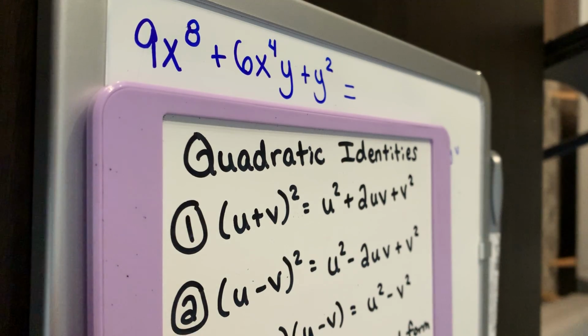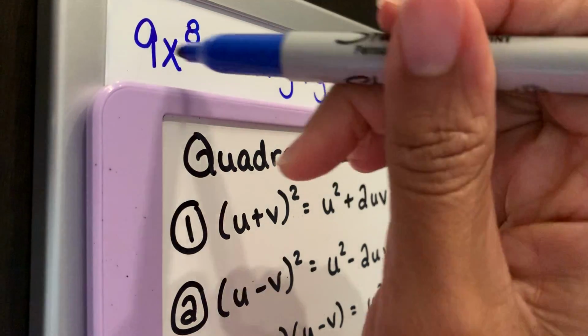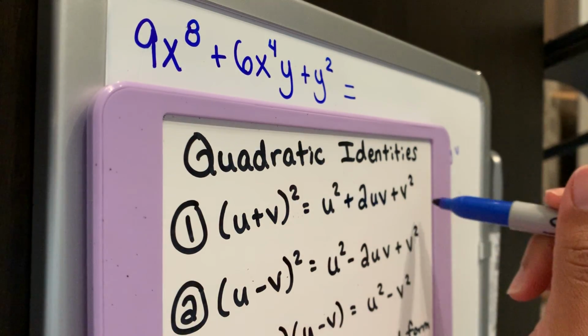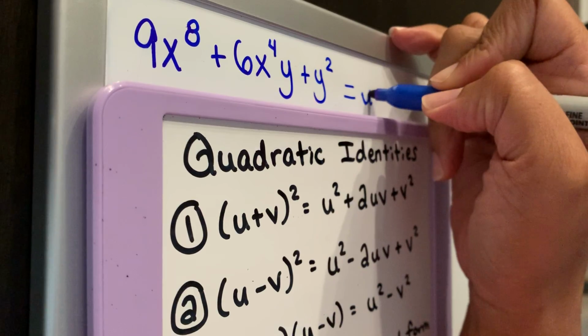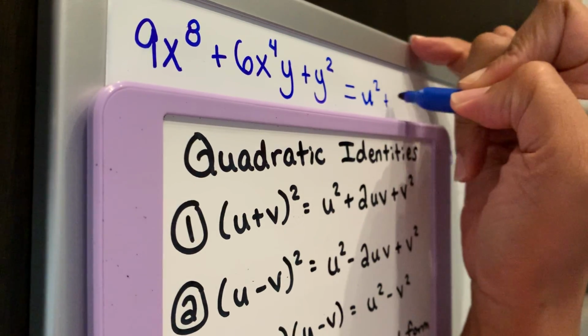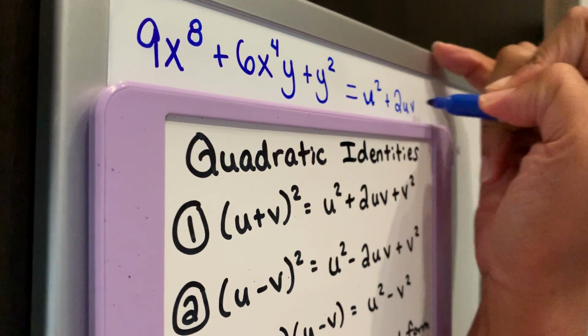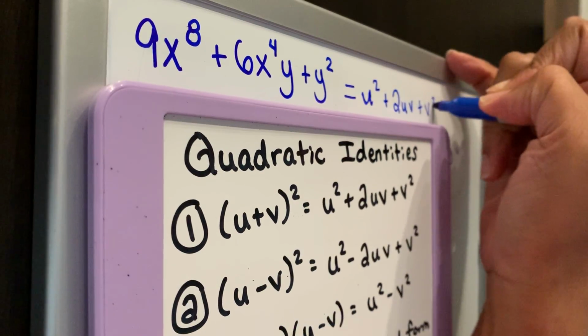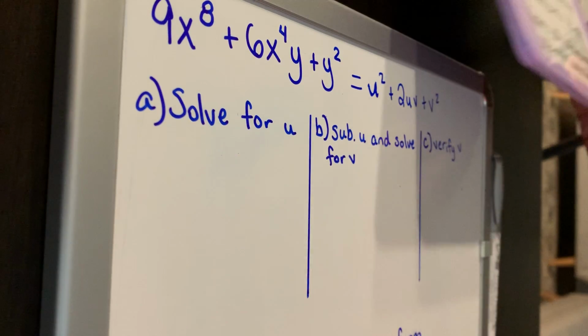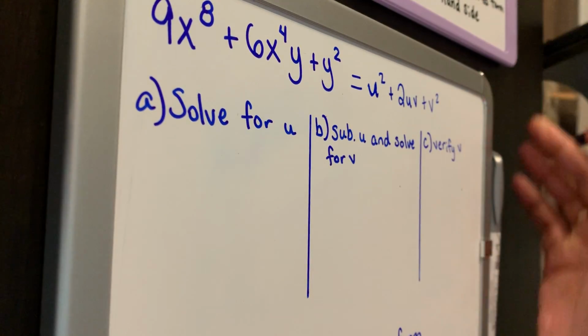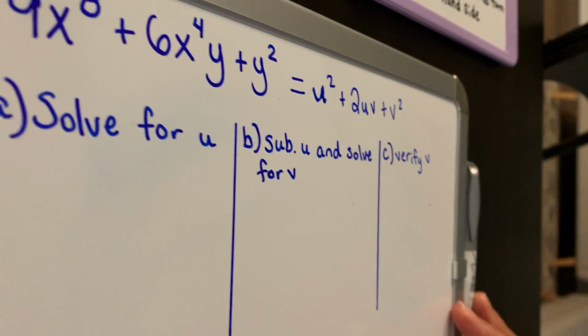So I'm going to set my problem, all of this, equal to u squared plus 2uv plus v squared. That's the first step. Now that I have that, I'm going to do three separate steps.